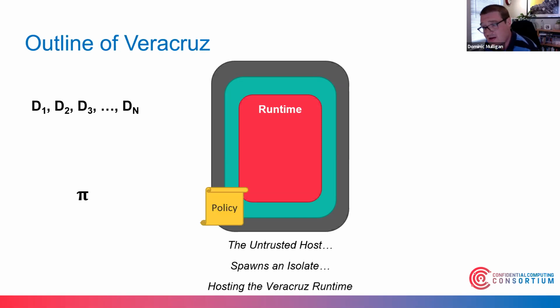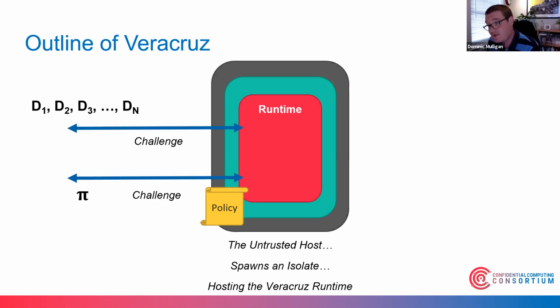The way they check that the runtime they have audited is in fact the one loaded in the isolate is by using remote attestation. Every participant, before provisioning any sort of secret into the runtime loaded inside the isolate, will challenge its authenticity using remote attestation. And as previously mentioned, there's also this idea of the policy which parameterizes the computation.